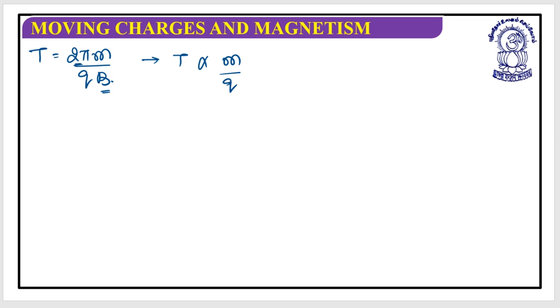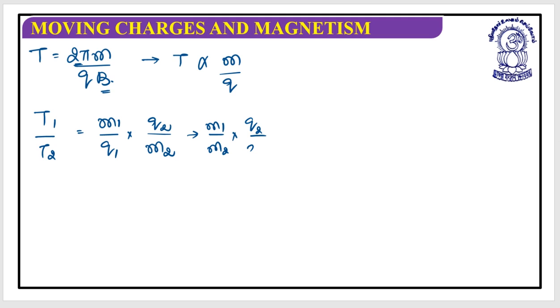So T1 is to T2 is equal to mass 1 divided by q1 multiplied by mass 2 divided by q2, which could be written as m1 is to m2 multiplied by q2 is to q1. Mass 1 is m, mass 2 is the mass of an alpha particle, which is 4m, multiplied by charge 2.